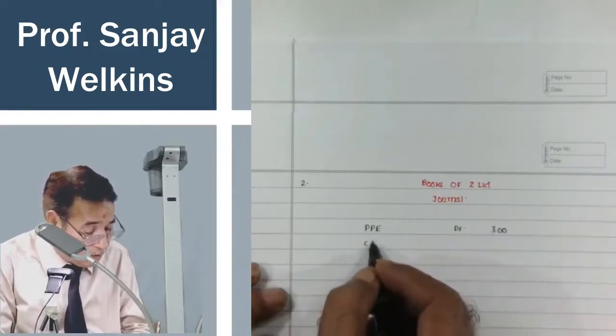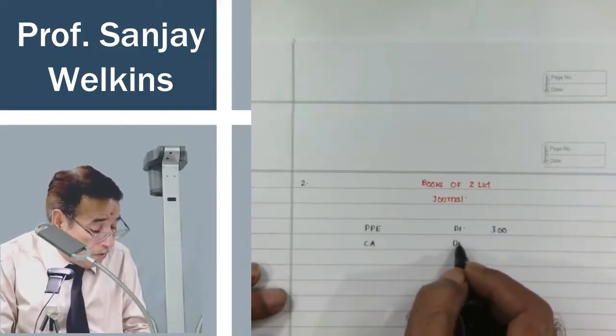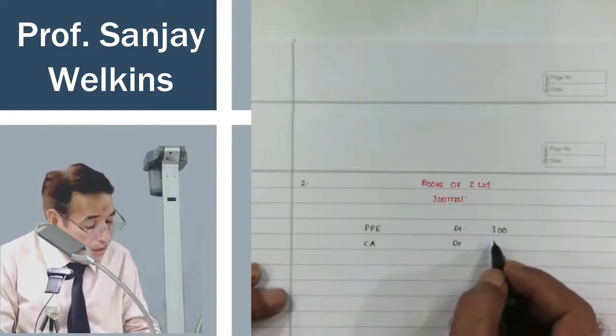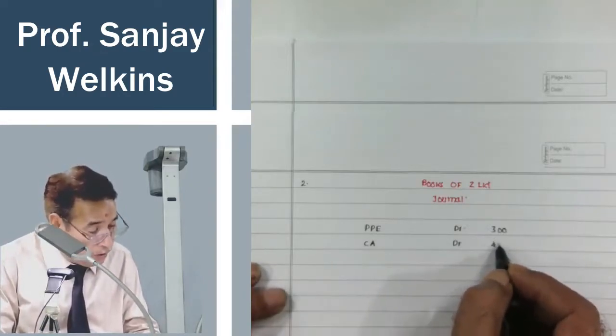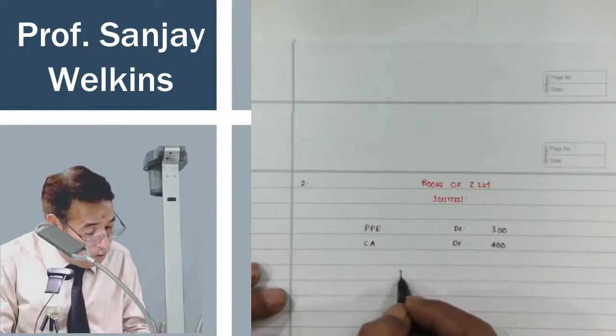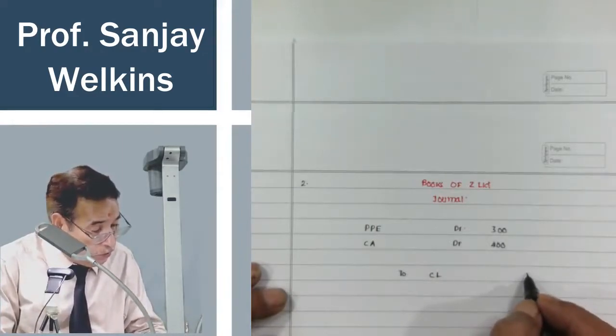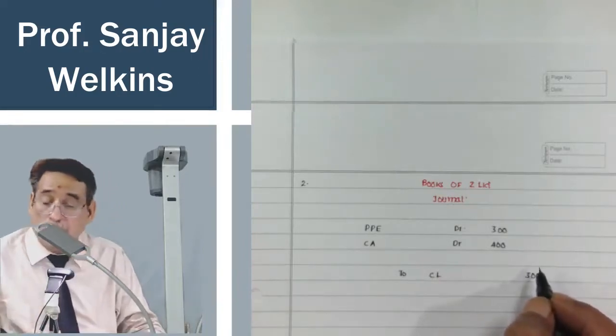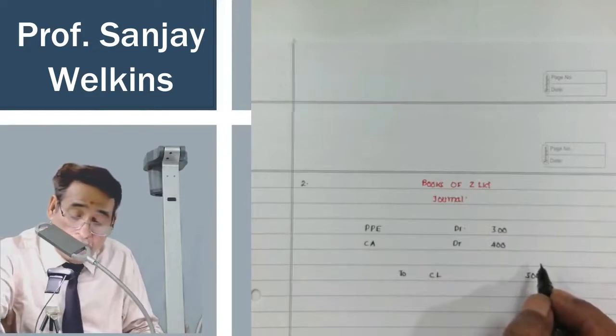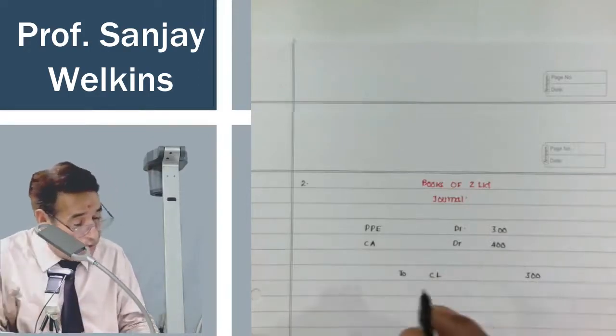Its current asset, division Y's current asset was taken over at 400. Then current liability of division Y is equal to 300. Let me check. Right, it is 300.